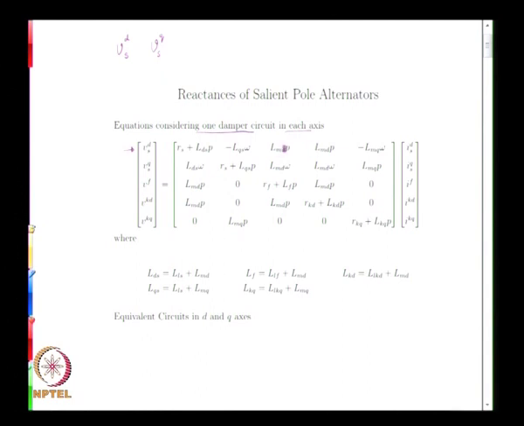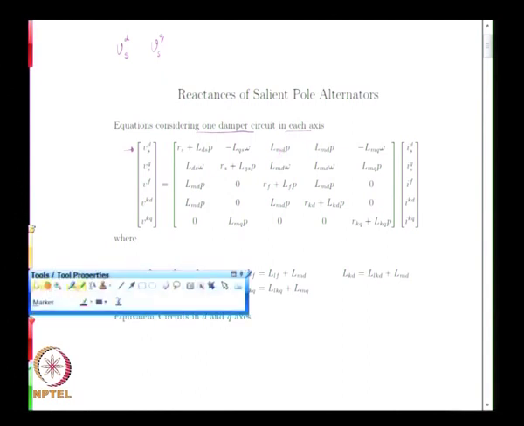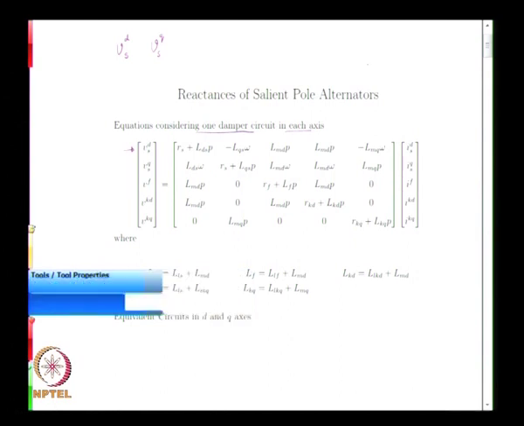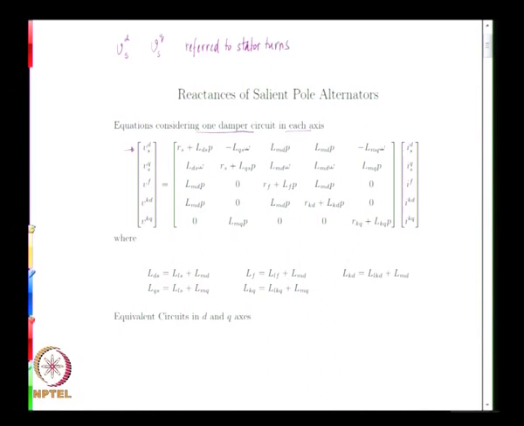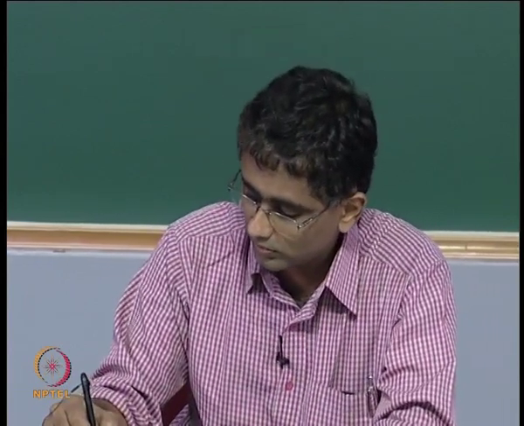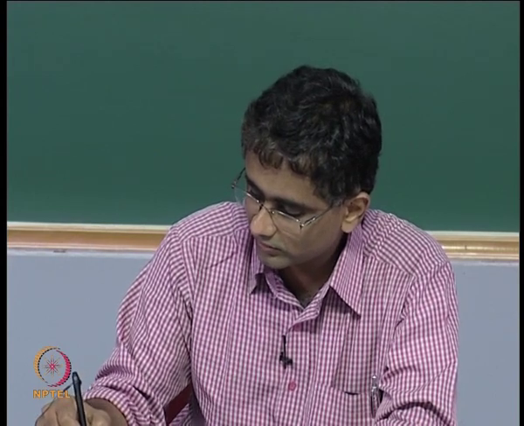Now note that both for the field and for the direct axis of the damper you have the same Lmd term. Now this arises, as we have discussed earlier, because the equations that we have written down are equations referred to stator turns, and as we have said before, once you refer it to the stator turns, then all the mutual inductances become equal to the magnetizing inductances.